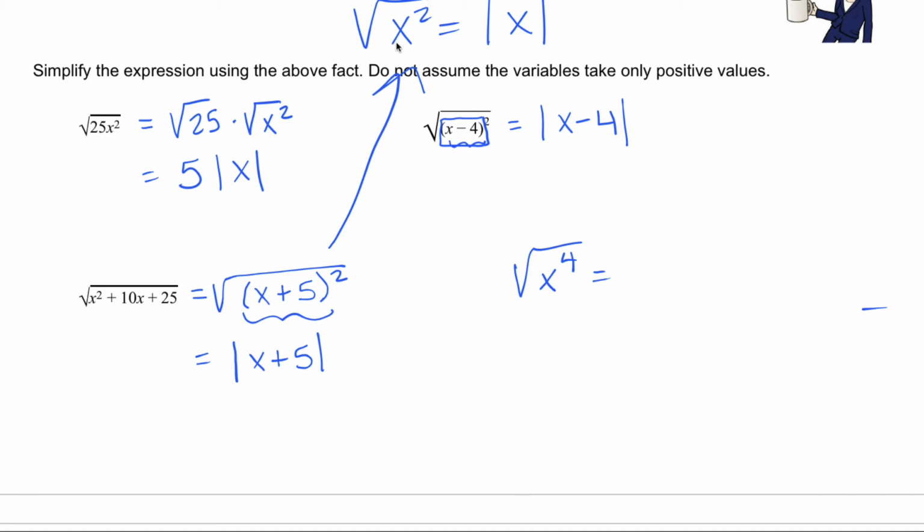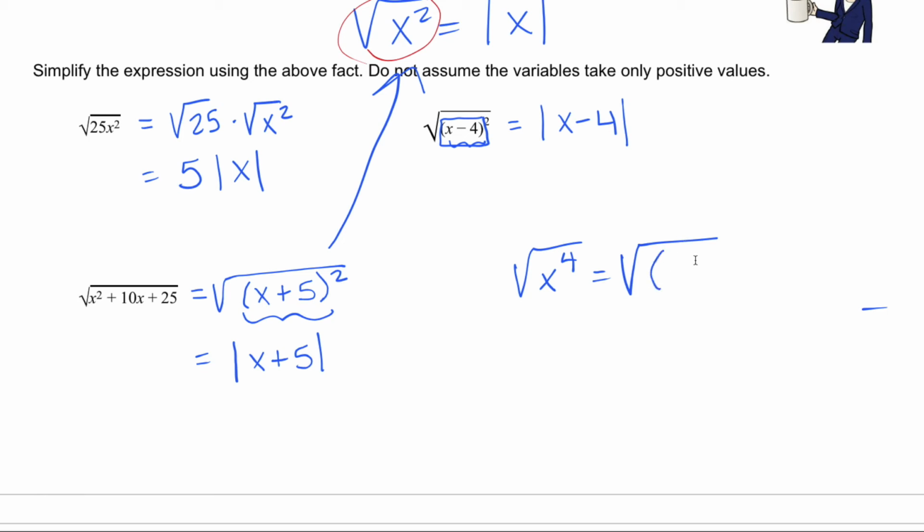We have a fact that says the square root of something squared is equal to the absolute value of whatever that is. So how can I rewrite what's underneath this radical as something squared? Is x to the 4th the same as something squared?